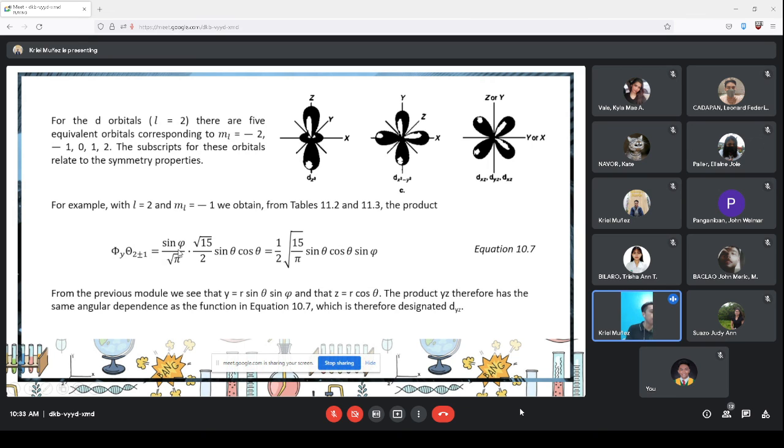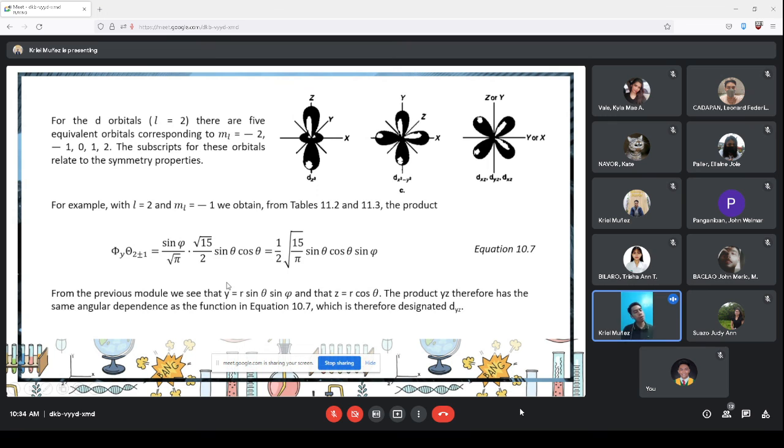Okay, so we have sine phi over square root of pi multiplied to square root of 15 over 2 sine theta cosine theta, which is equal to 1/2 ng square root of 15 over pi sine theta cosine theta sine phi. Yeah. So ni-rearrange lang natin, sinimplify.